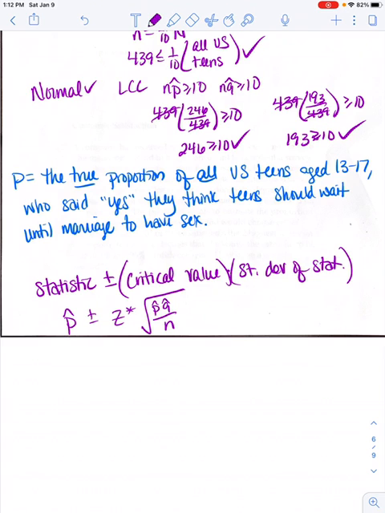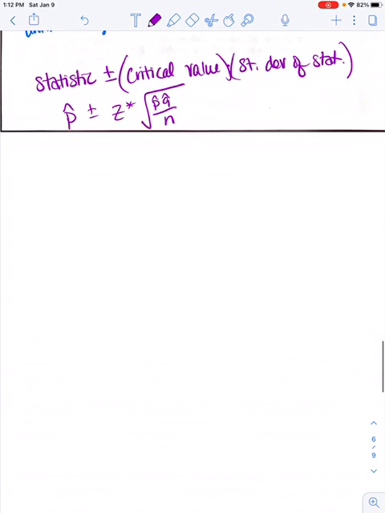I have sample information. Okay, so tell you what, pause this and see if you can go all the way down to where you get your interval. So pause it, go get your interval, and then hit play. All right, so P hat is 246 over 439 plus or minus 1.96 square root.